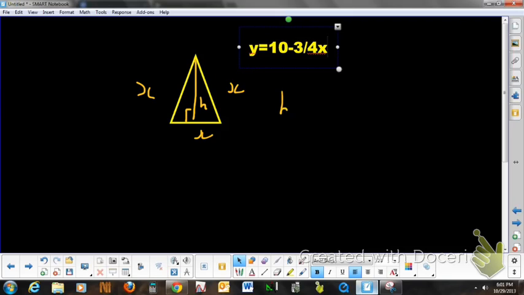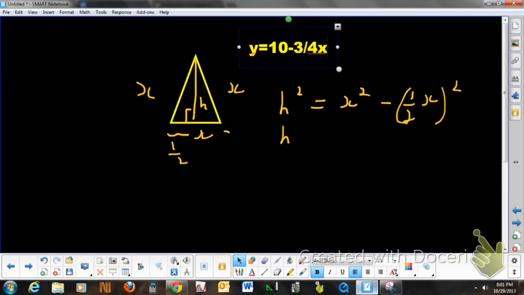So I'm going to use Pythagoras here. h squared is equal to the hypotenuse, which is x, so that's x squared, minus half of x, so it's going to be 1/2 x squared.